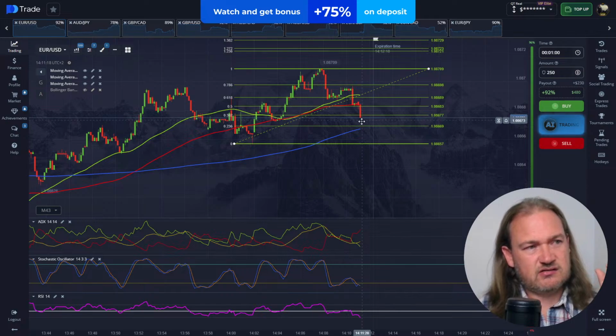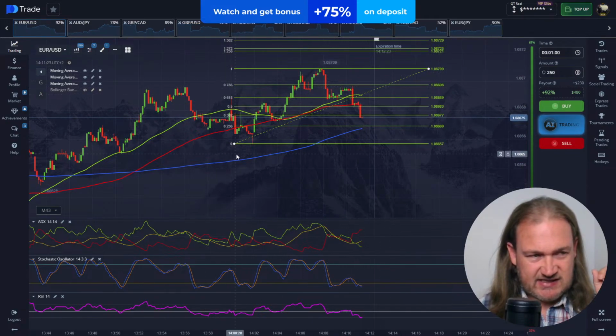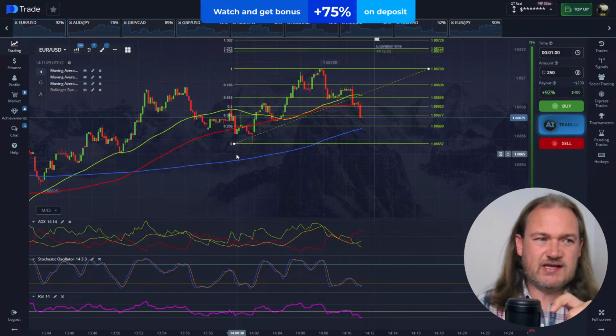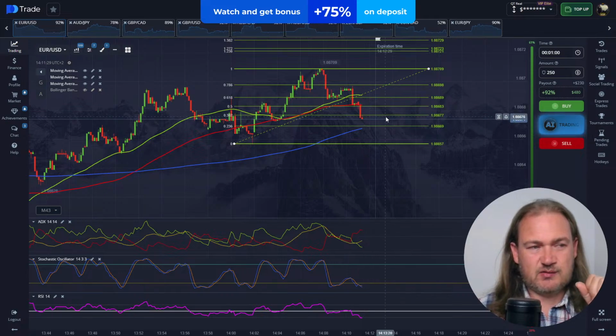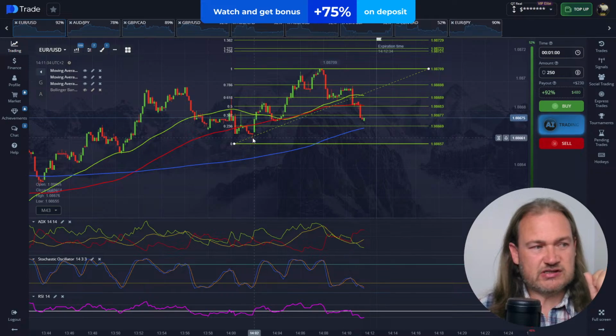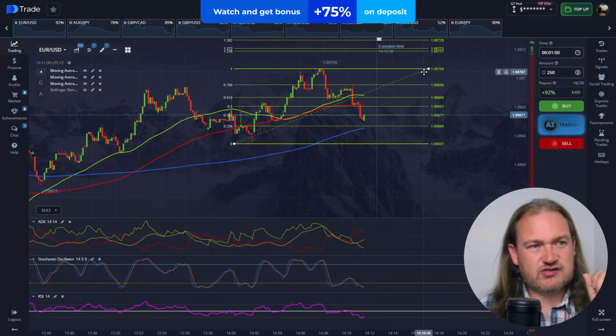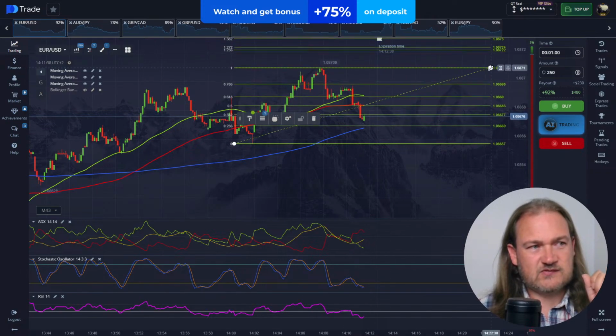So we're going to leave it as it is until we get a new low. Whenever price starts going up a little bit, when we get another correction, then we're going to adjust our Fibonacci lines to the new low.